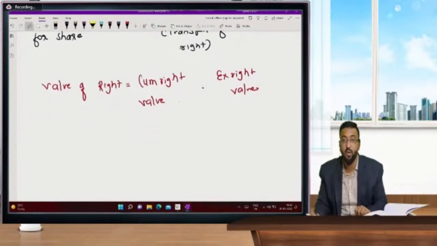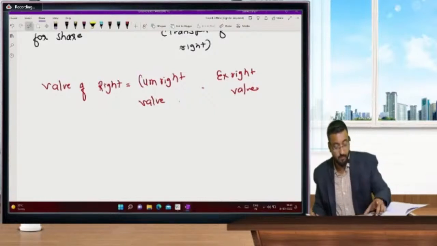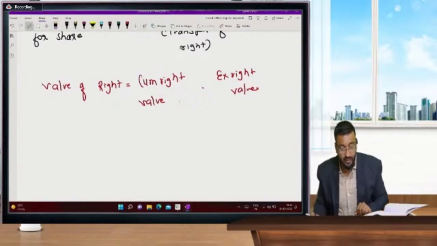Cum right value minus ex right value. Okay.